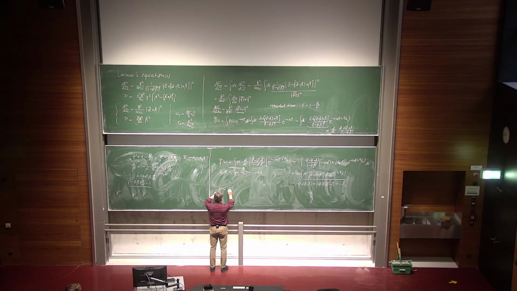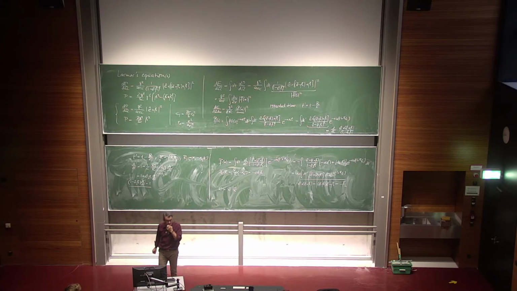And I say, well, this is obviously the unit vector from the source to me times the vectorial distance here. And now I'm going to split up that distance in the following way.